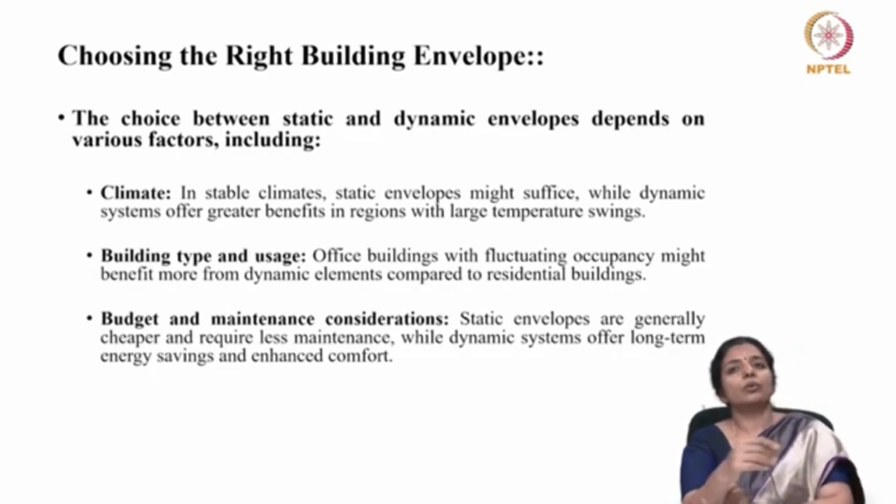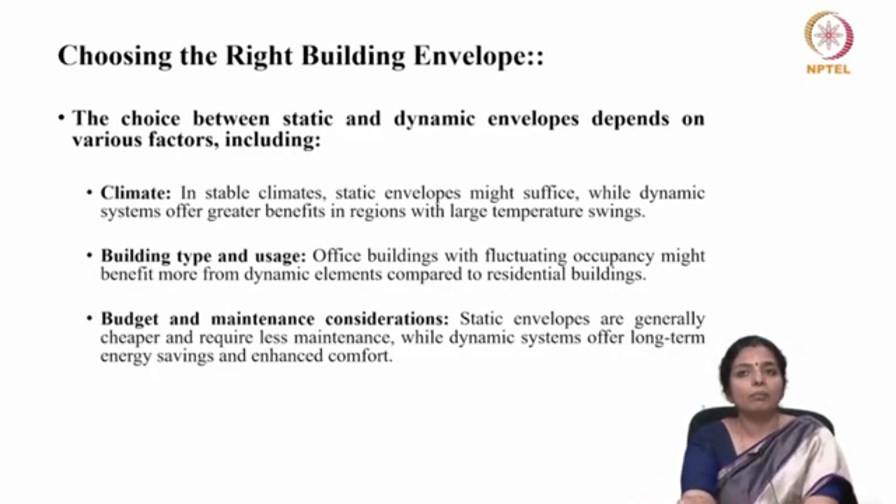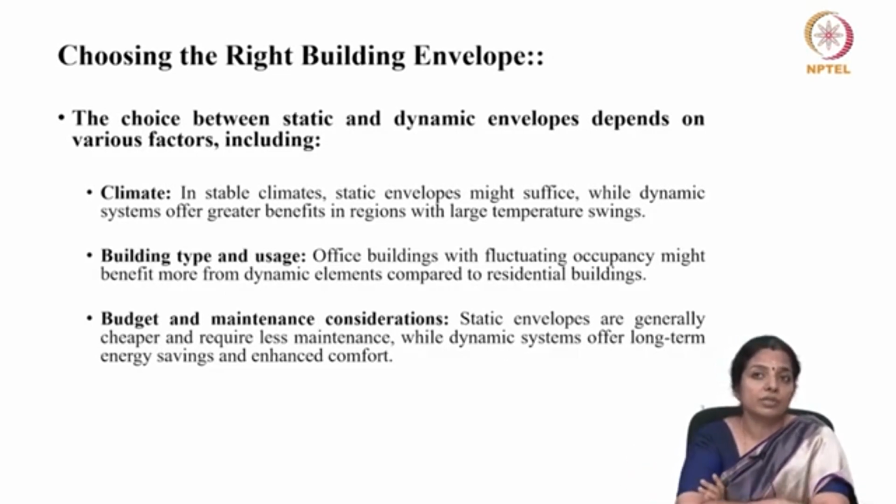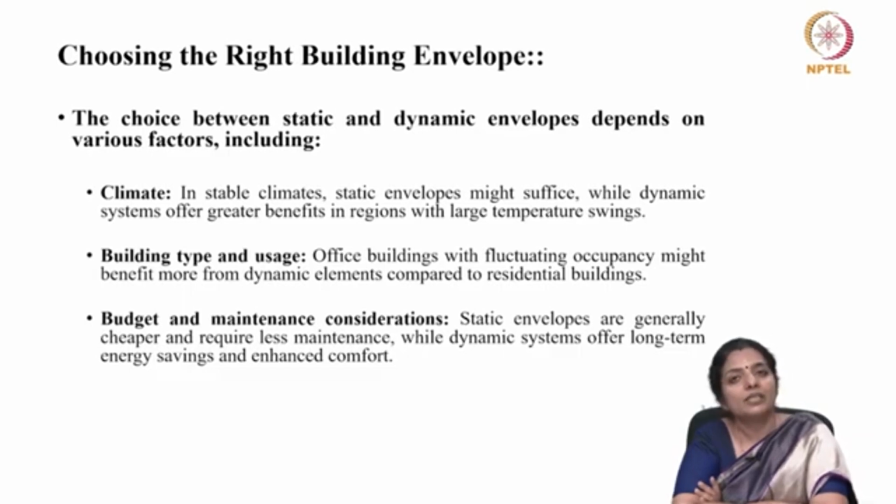Second, you need to consider the building type and usage. Office buildings have fluctuating occupancy, and they may benefit most from the dynamic elements as compared to smaller or less energy intensive buildings.